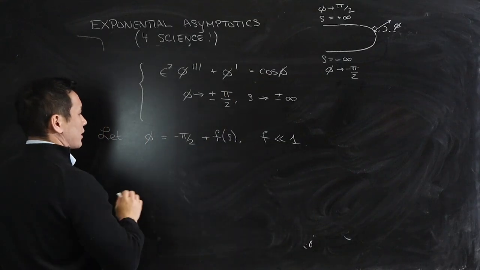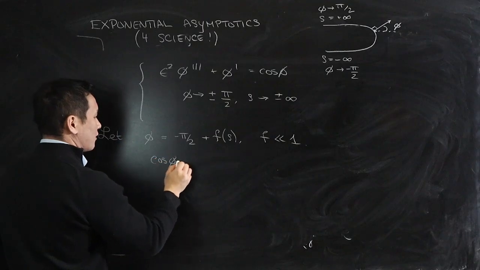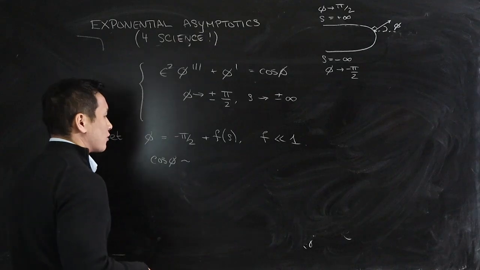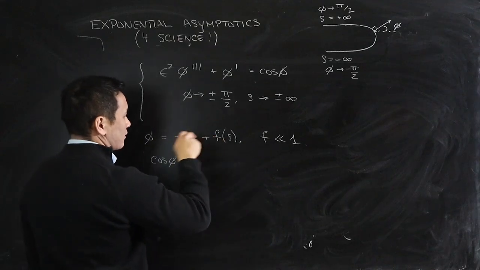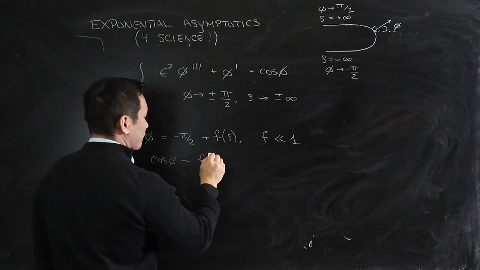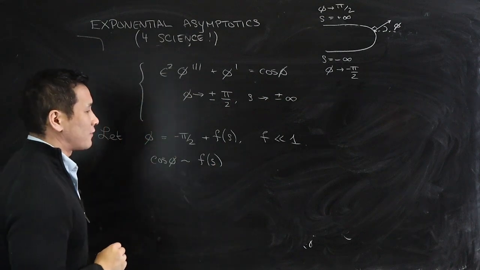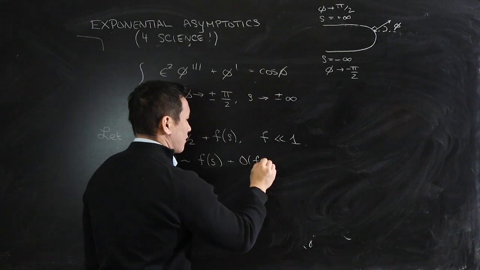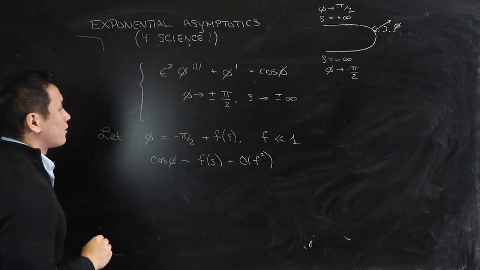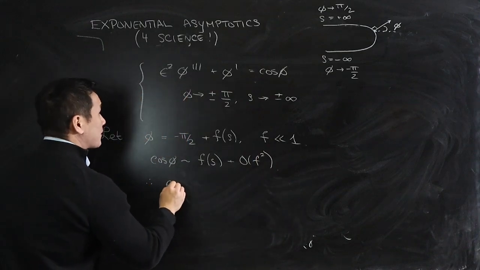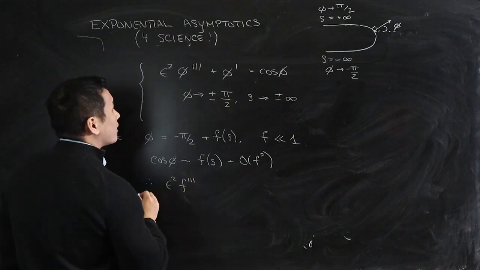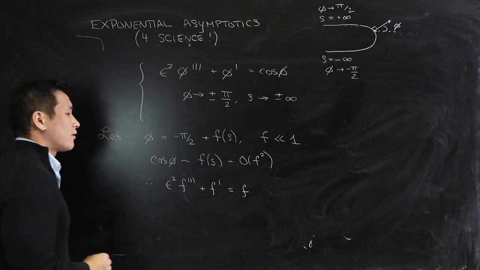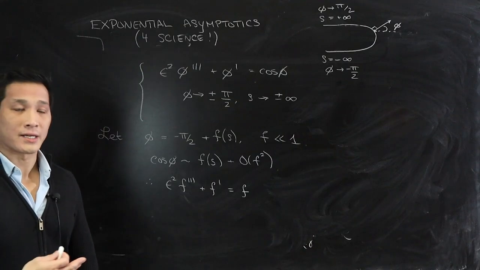Under that linearization, cosine of phi will be cosine of minus pi by 2, which is 0, plus the first correction term. So cosine of phi will just be f of s to leading order in f. And so that tells you that you have epsilon squared f triple prime plus f prime is equal to f, valid as s goes to infinity.